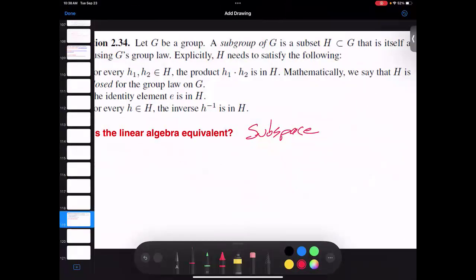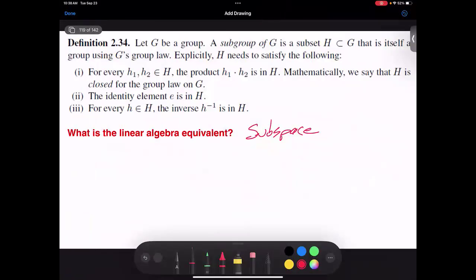If I gave you a 2-dimensional plane not going through the origin, that might not be a subspace. So there's a lot of similarities, there's a lot of commonalities between things from linear algebra and things in group theory. And so I can give you a group and I can ask you, is there a subgroup?